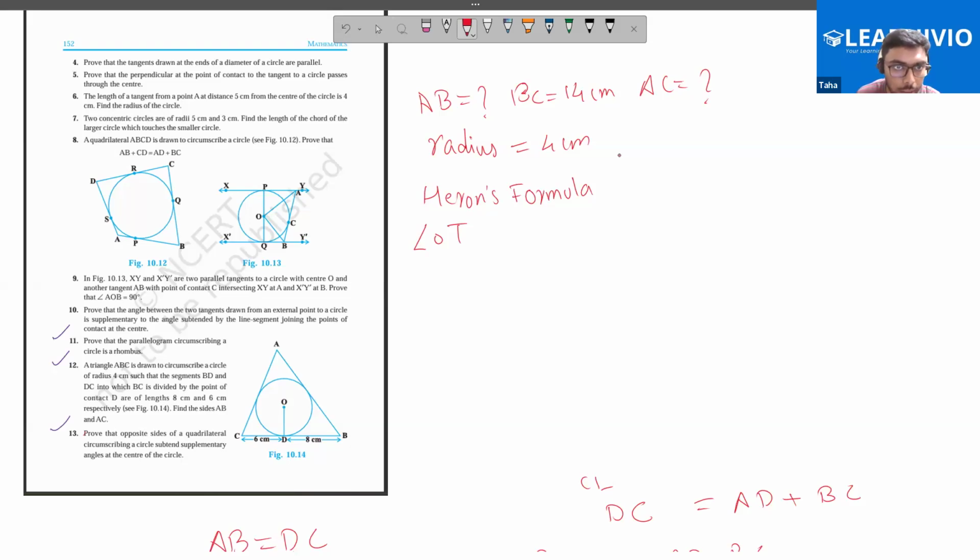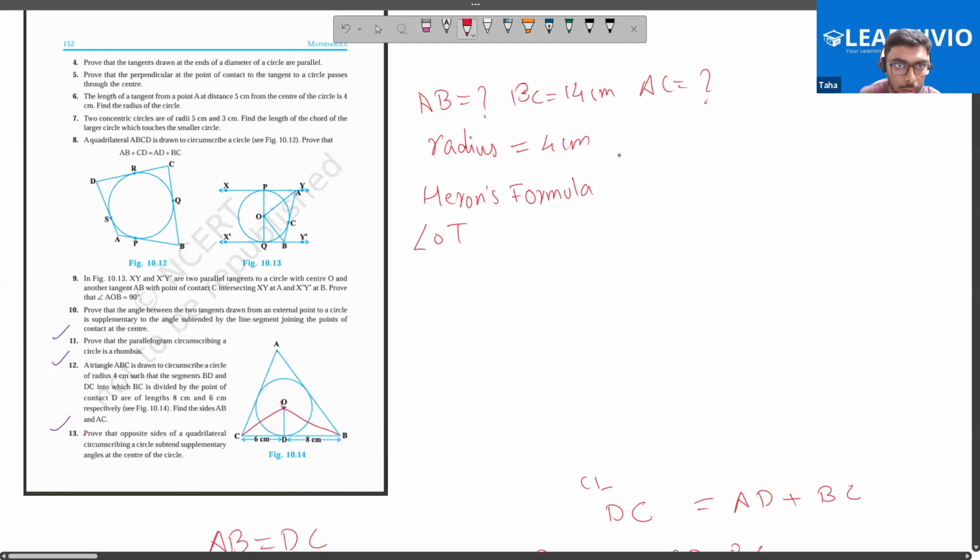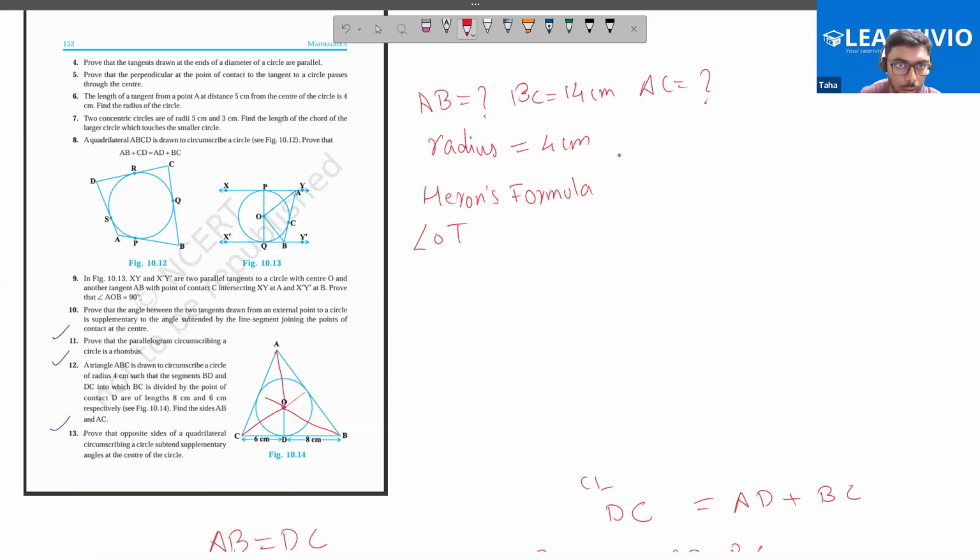So first of all, the first triangle would be formed by this, right? And this, and then the next triangle would be... Okay.